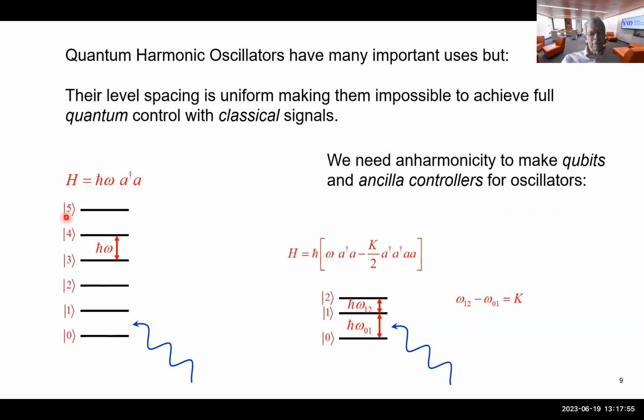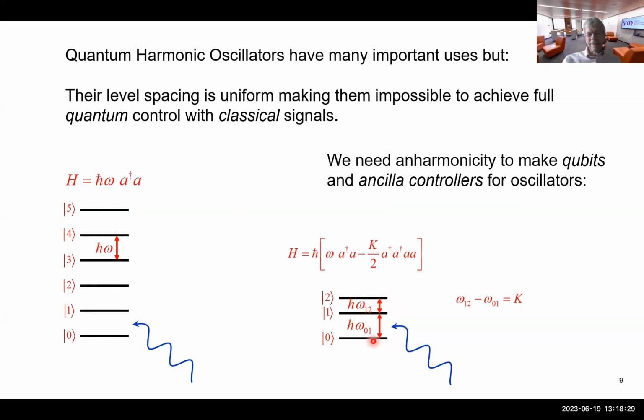In order to be able to obtain universal quantum control of this harmonic oscillator, I need some help from some object which is anharmonic, and a superconducting auxiliary qubit will help us do that. So we'll need some oscillator which has additional anharmonic terms, so the energy levels are not evenly spaced.